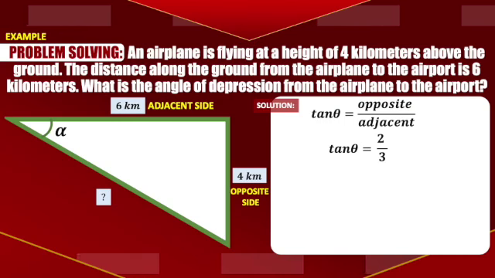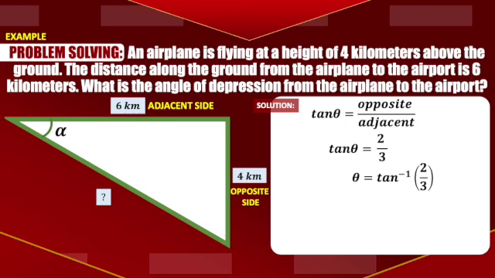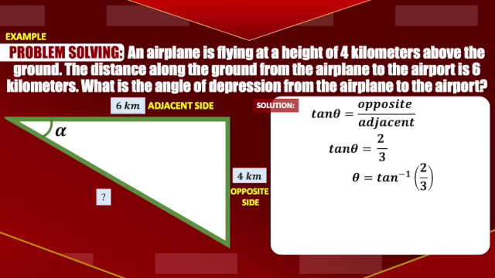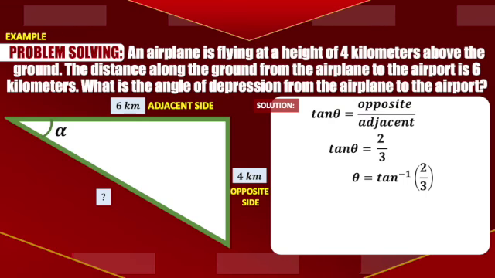And then of course, since we're looking for theta, we have to get the arctangent. So, magiging arctangent, yung may negative 1, that is arctangent, open and close parenthesis, 2/3. Now, ito na. We need to use, of course, our scientific calculator.